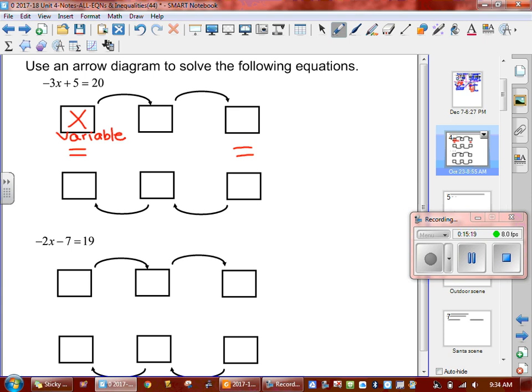Now on the right-hand side, if we've only got one digit on the right-hand side, this guy goes to the bottom right box. Okay? So his box is on the bottom right. You put a 20 there. Okay? So those are the first two things we can always put in there first. So you can always put your variable, the equal signs, and the answers.